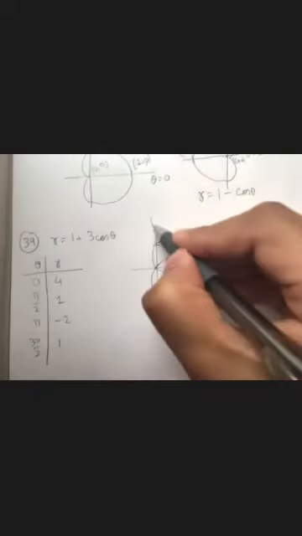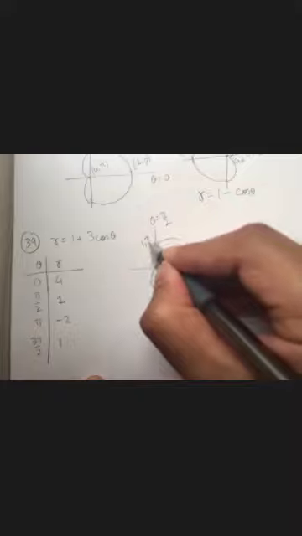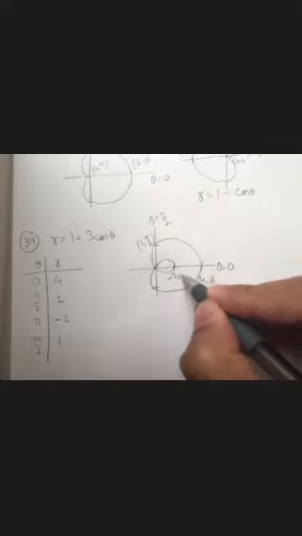Now we move to theta equals pi over 2. When theta is pi over 2, r is 1. So this point is 1 comma pi over 2. Now note, when theta is pi, r is negative 2. So this point is negative 2 comma pi. This is a new part here.